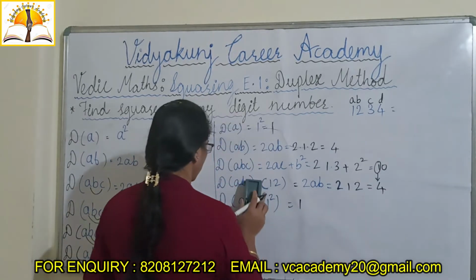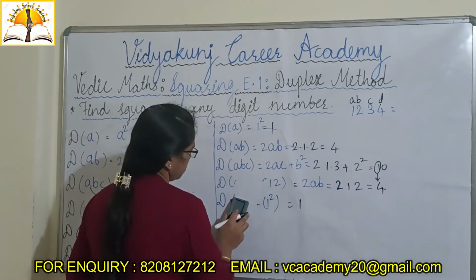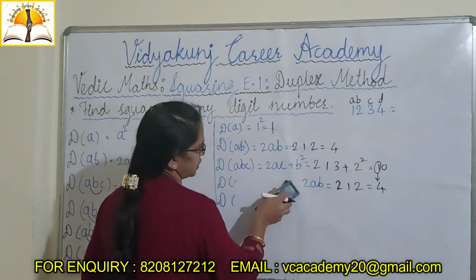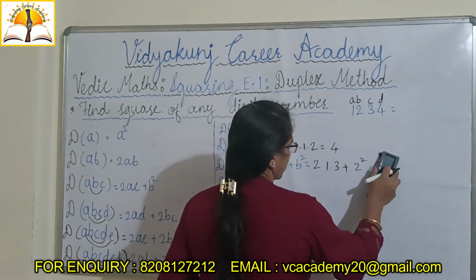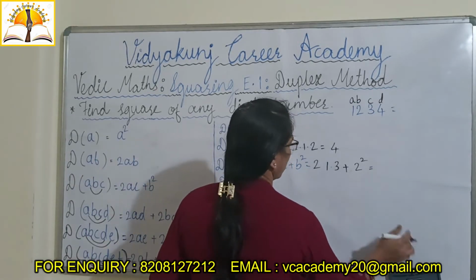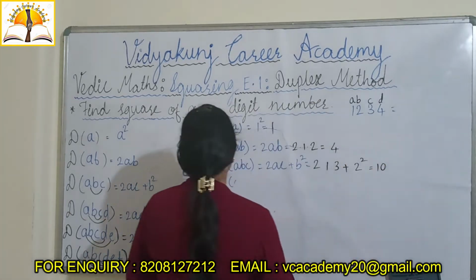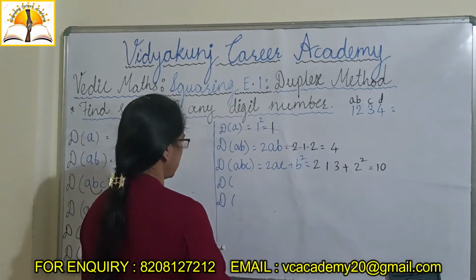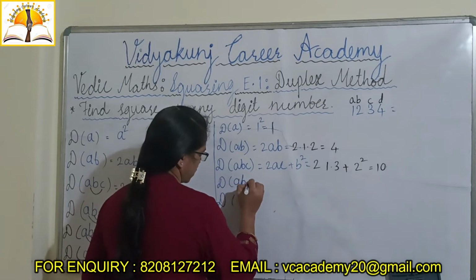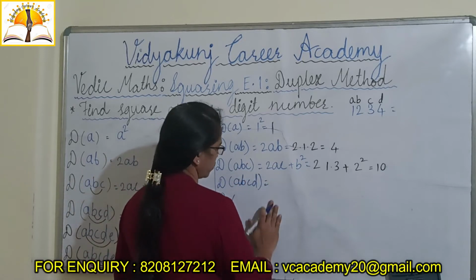Now here I have to check because here is a 3-digit number. Here I have to write A, B, C. A, B, C, D. In this case, what we have to do?